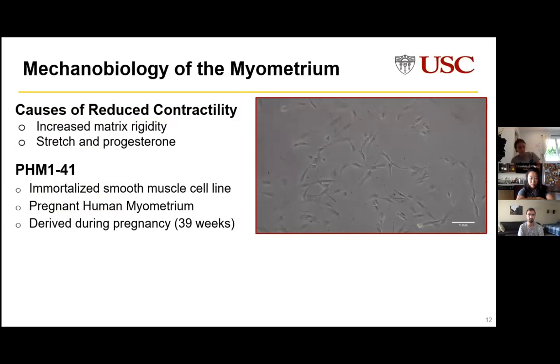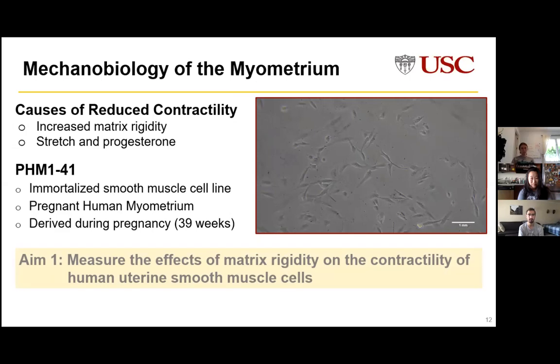Just imagine going around and asking a bunch of people for a sample of their uterus while they're pregnant. I don't think that's super feasible. So that's why we used immortalized smooth muscle cell lines, and these cells were derived during pregnancy at 39 weeks, so they are relevant to the clinical conditions that we're talking about.